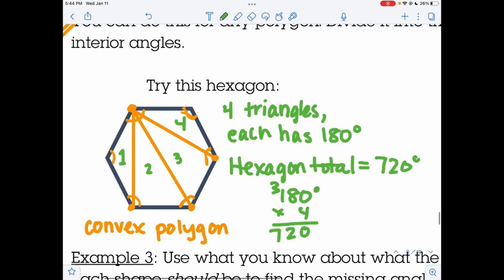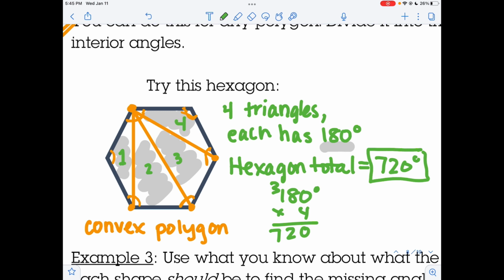So since we can fit those four triangles, 1, 2, 3, 4 triangles into a hexagon, and each of those triangles includes 180 degrees of interior angle measurements, we just multiply that number by 4, and we get the total for interior angles of a hexagon. And again, that's consistent.